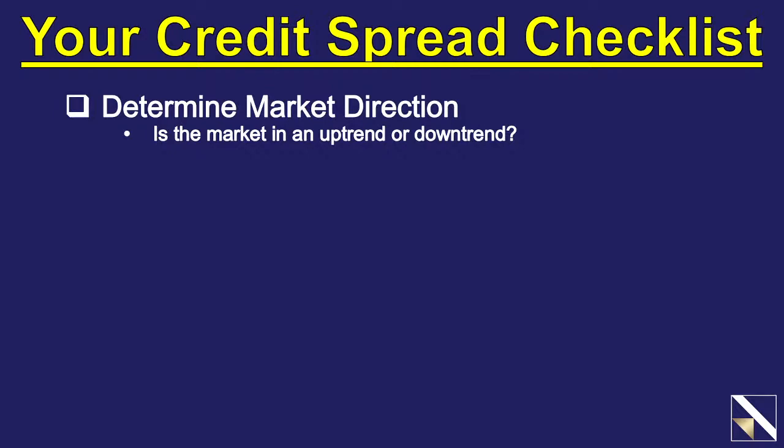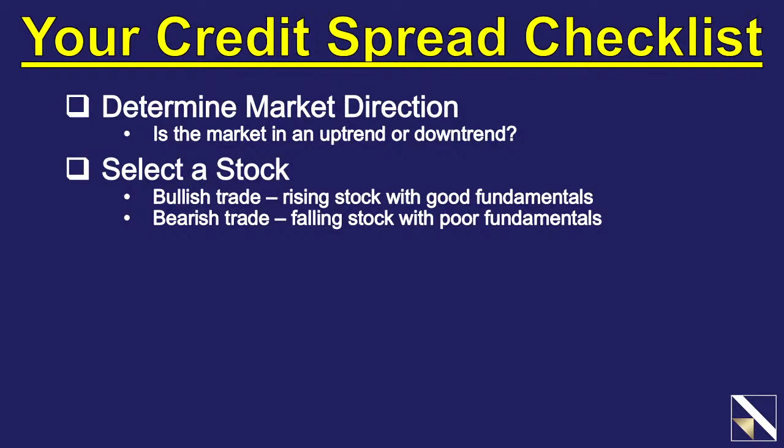Once you know that, if you think about it, if you know you're only looking for bull puts, then this next part, you've cut down your workload because now you're going to select your stock. And you don't have to look at every possible stock out there. What you're then going to do is say, all right, I'm bullish right now. I'm only going to be looking for rising stocks with good fundamentals.